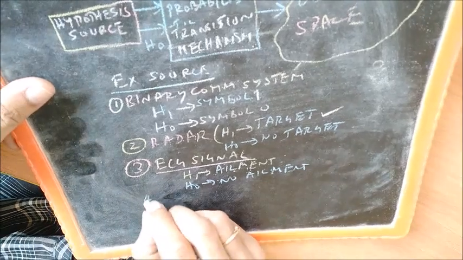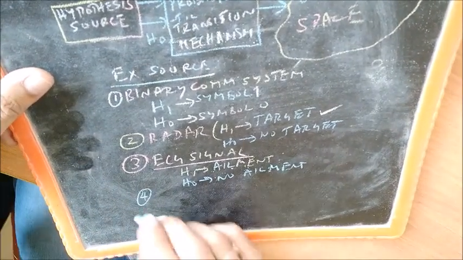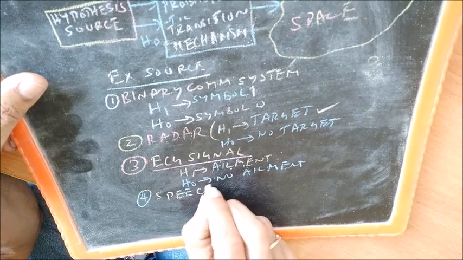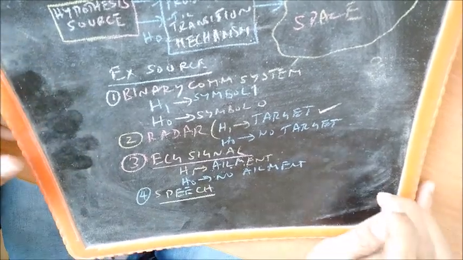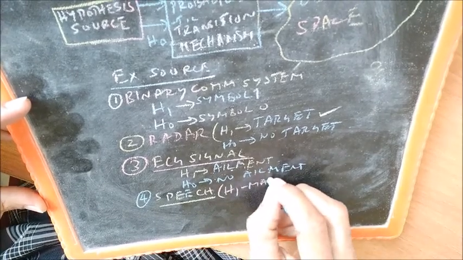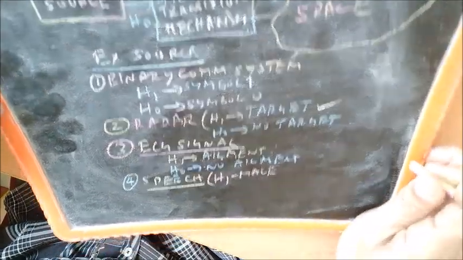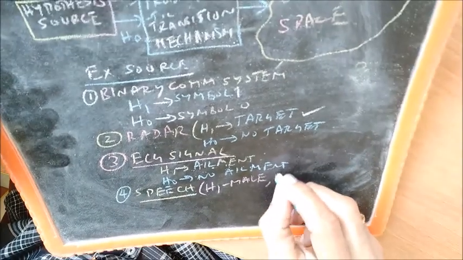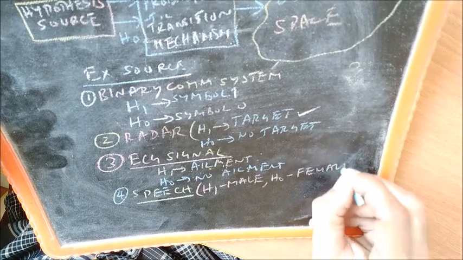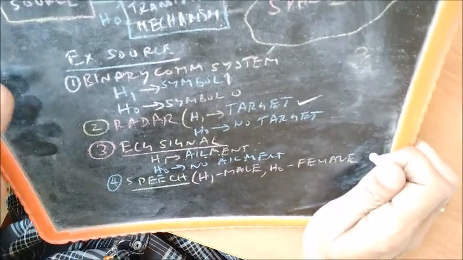And a last example is that of speech. If we have the speech signal, H1 could be that the speech belongs to a male subject, and H0 that it belongs to a female.